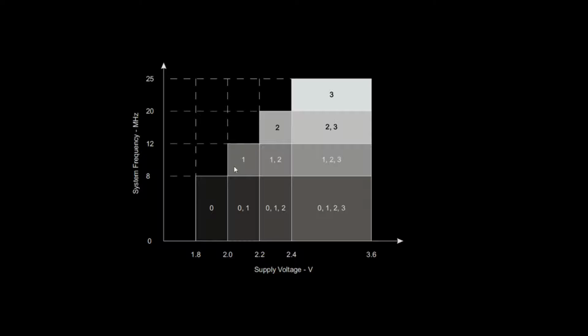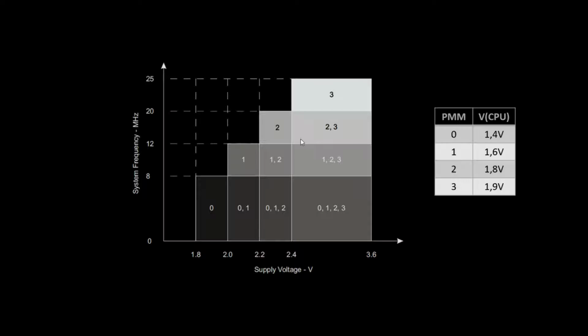For instance, my MSP430 here can work up to 25 megahertz, but that's only when I supply enough voltage for the system, only if I supply up to 2.4 volts to the system. There is an internal regulator that will control the CPU voltage from 1.4 volts up to 1.9 volts. So you need enough voltage inside the processor so that this linear regulator can work fine.